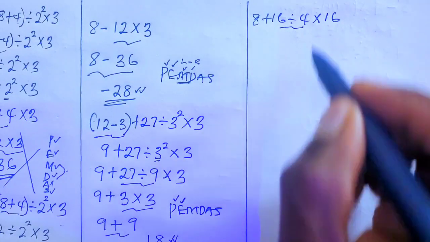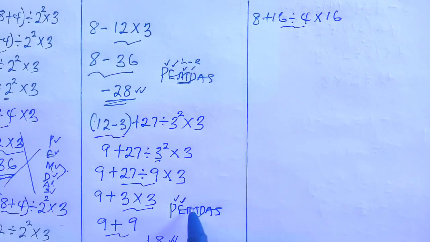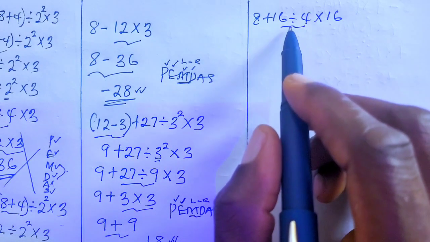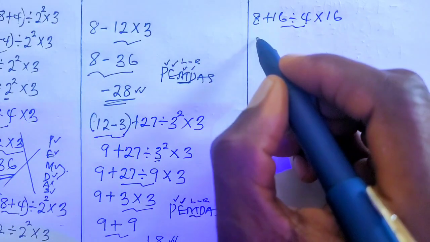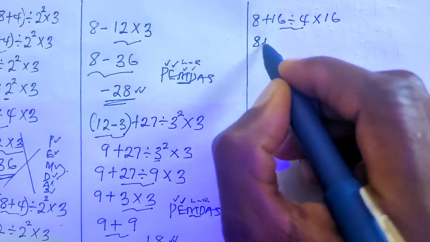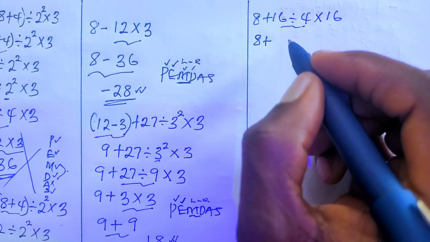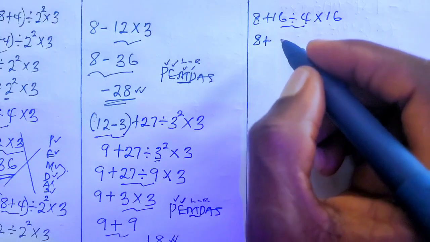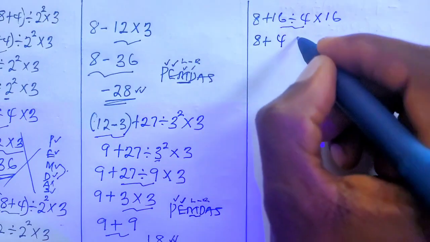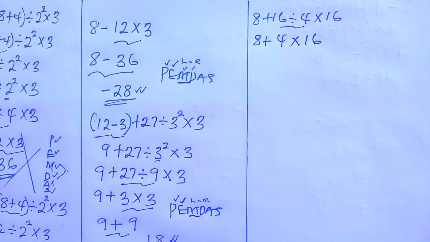Know that multiplication and division have the same precedence, and the order is from left to the right. Now we consider the one that comes first here, and the expression becomes 8 plus 16 divided by 4. That gives us 4 when multiplied by 16.